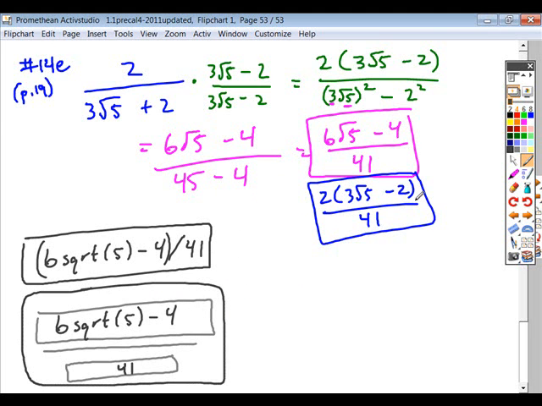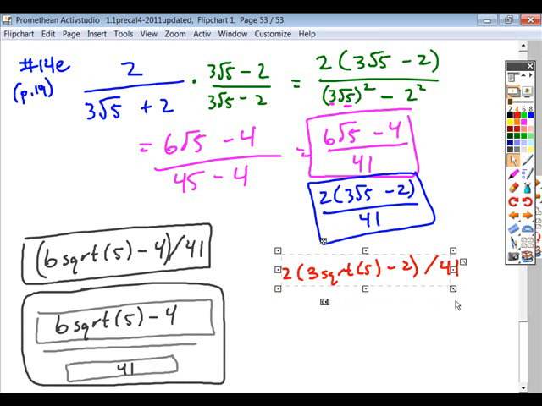Okay. For the second one, if you left it in this form, the way that you would enter it would be 2 times the quantity 3 sqrt 5 minus 2 parentheses slash 41. This one is fine. It already has order of operations taken into consideration with the grouping symbol.